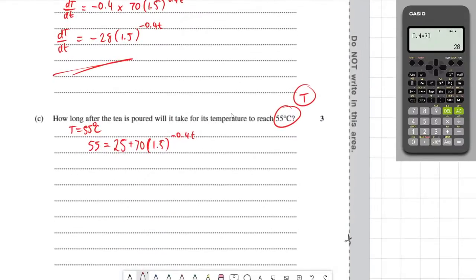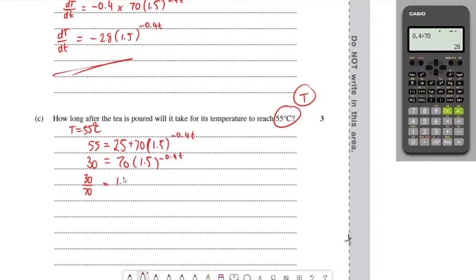Alrighty, so it's going to be a little bit tricky this one, but start off by subtracting 25 from both sides, and we're going to get 30 is equal to 70 lots of 1.5 to the negative 0.4t. Okay, so we're going to get 30 on 70 is equal to 1.5 to the negative 0.4t.